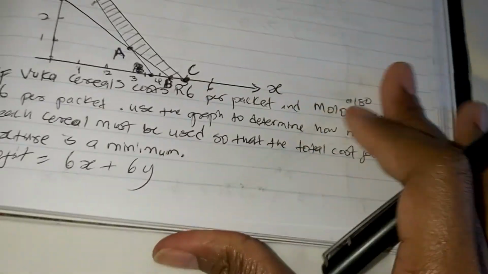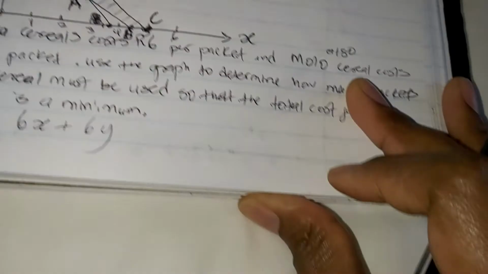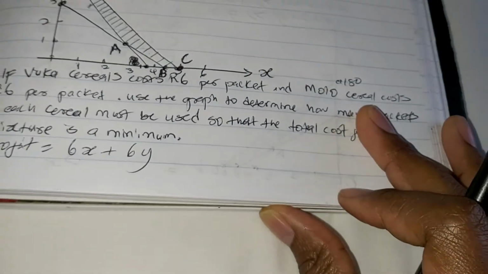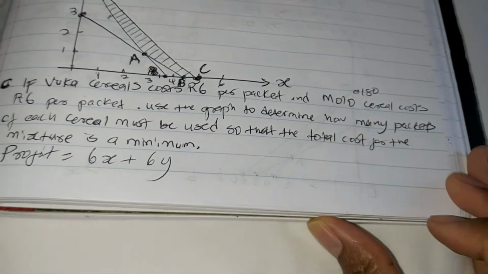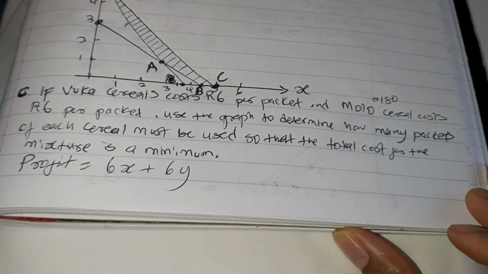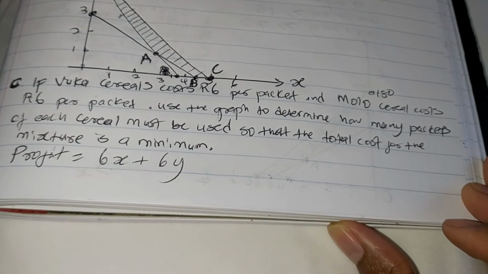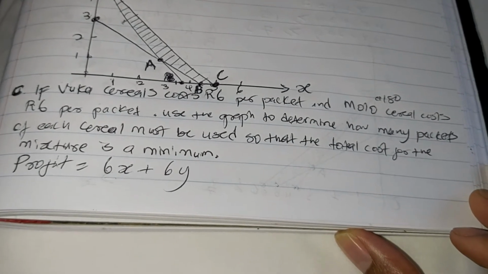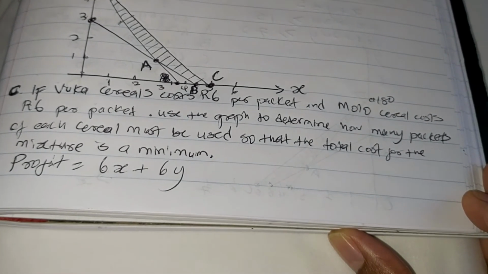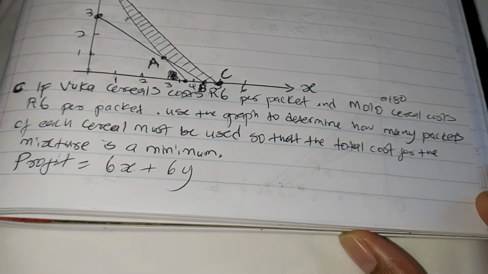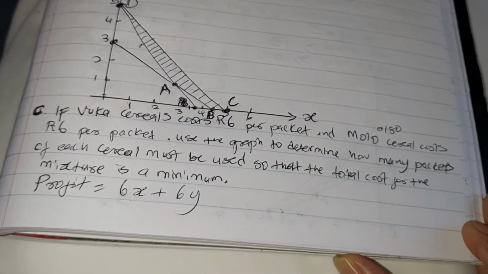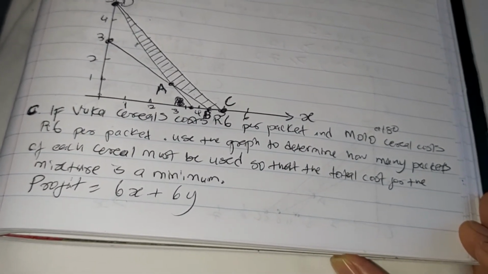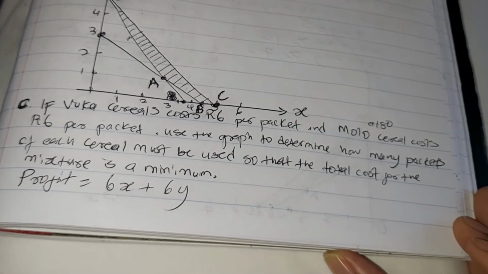Okay, so the next question. They tell us that Voga cereal costs 6 rand per packet, and Molo cereal also costs 6 rand per packet. Use the graph to determine how many packets of each cereal must be used so that the total cost for the mixture is minimum.